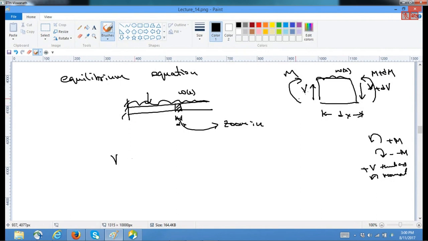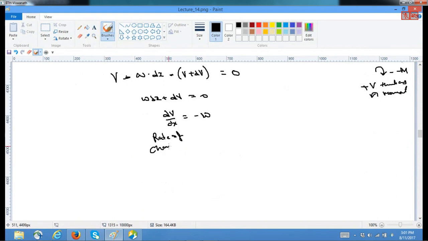Let's say we are doing the vertical forces: V minus W, let's simply call it W, into dx, minus V plus dV is equal to 0, or simply I can write W dx plus dV is equal to 0, or dV by dx is equal to minus W. The rate of change of shear force is equal to the negative of the distributed load.